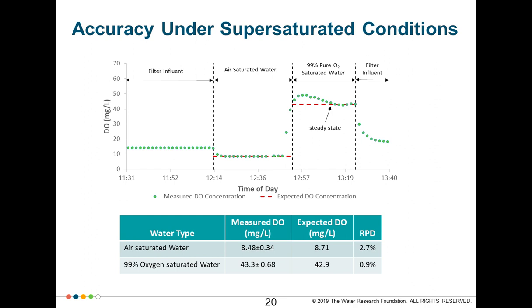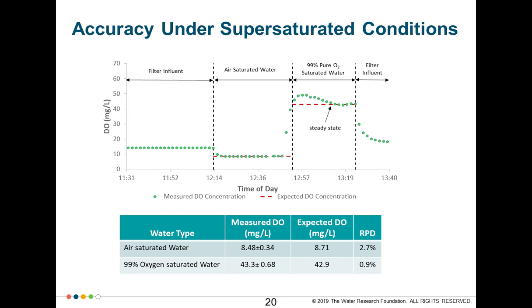So here's the accuracy testing that we did for the DO probe under supersaturated conditions. This is particularly important because at ozone plants, the DO concentrations can get quite high. And so we wanted to confirm that the DO readings that we were attaining were representative. So the first thing that we did was measure the probe in air-saturated water.